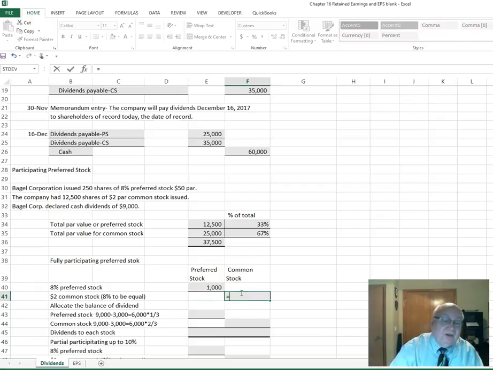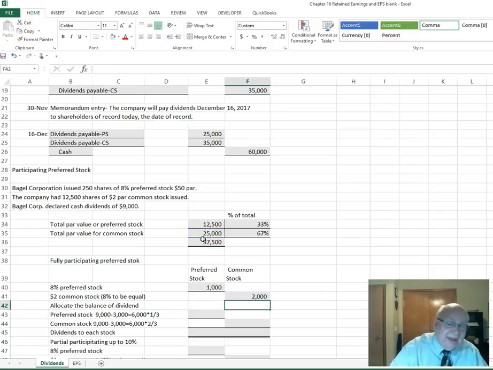Common stock also gets 8% because it's equally participating, 0.08. So they get $2,000. You have to see how I did that. I took the par value, 12,500 times the 8%, because that means they get 8% of par value for the preferred stock. And then since it's participating, common also gets 8% of their stock.